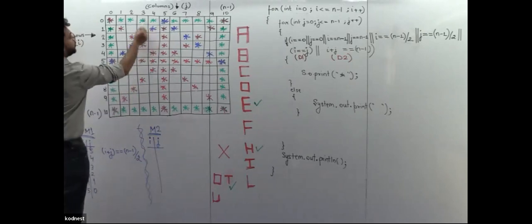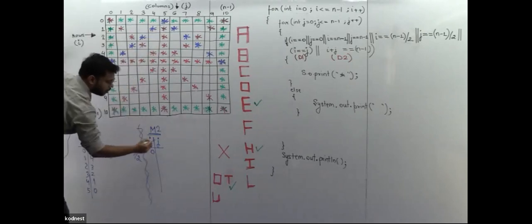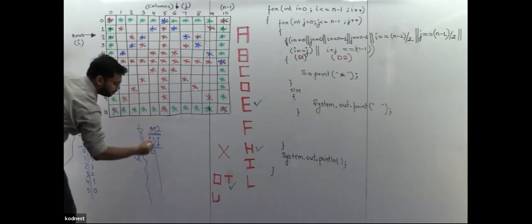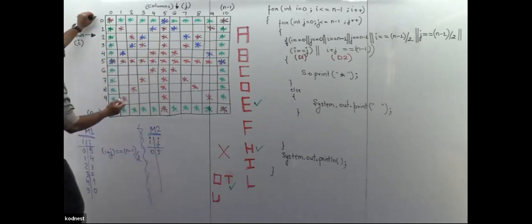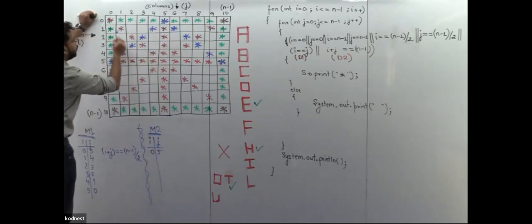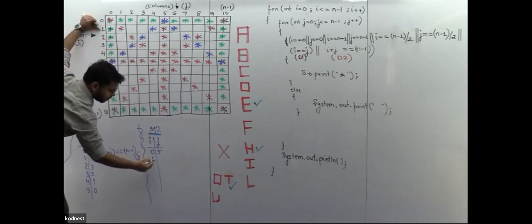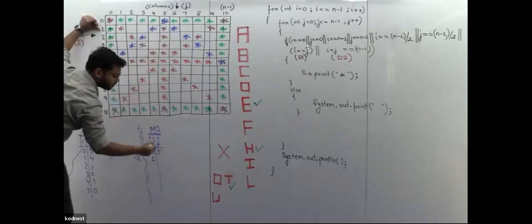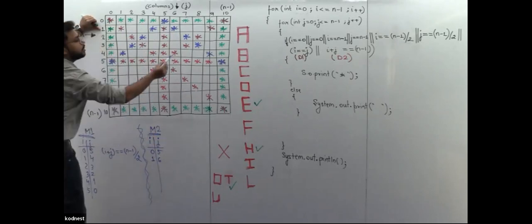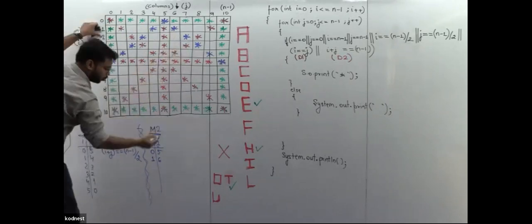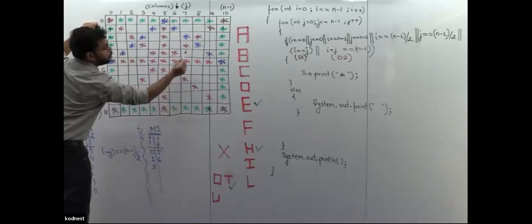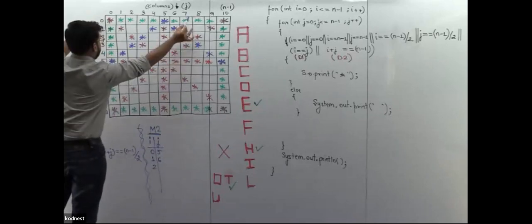For the first star, what is the value of i? 0. What is the value of j? 5. Super. Next, for the second star, i is 1. What is the value of j? 6. Very good. Next, i is 2.